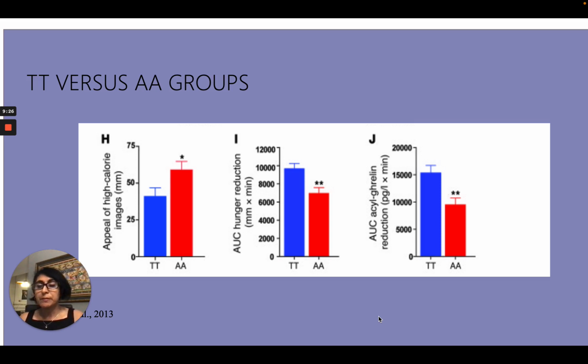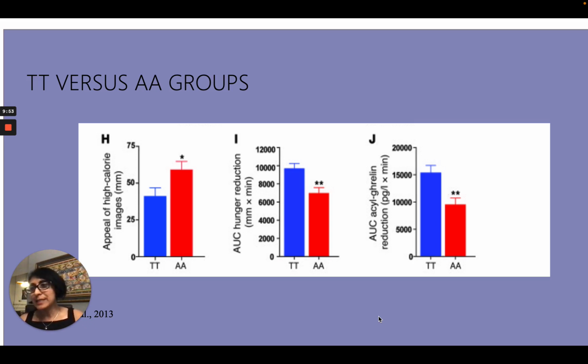So participants were asked to rate the images on how appealing the images were, and then blood samples were again taken. So individuals with the obesity risk FTO variant, this again is our AA group, rated pictures of high-calorie foods as more appealing even after a meal than the low-risk group.